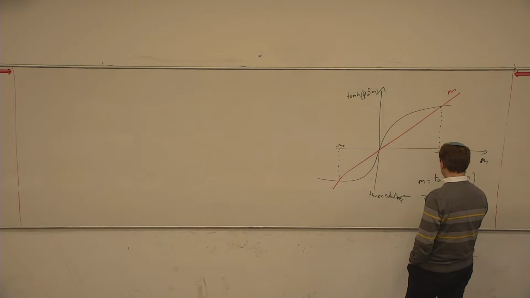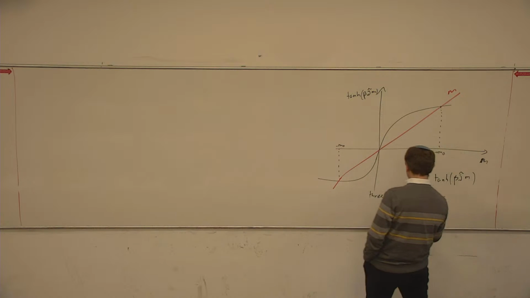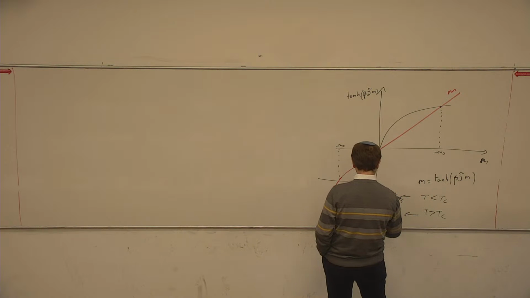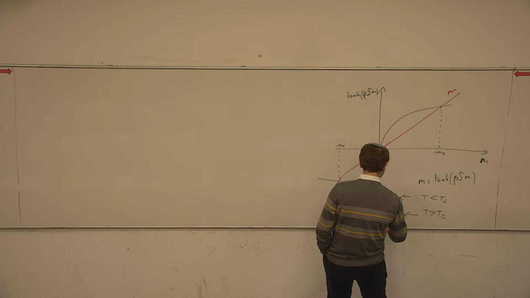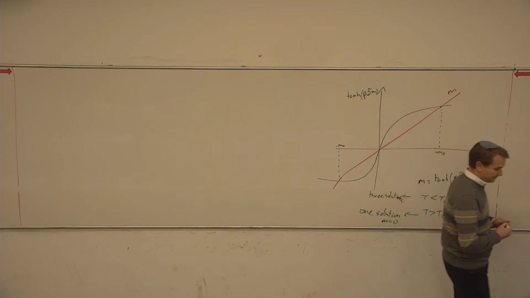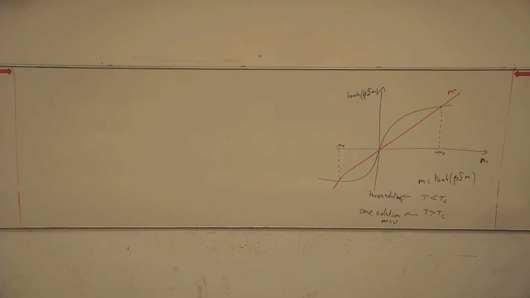And for T above TC, one solution, M equals 0. And this TC was equal to J tilde over K Boltzmann.